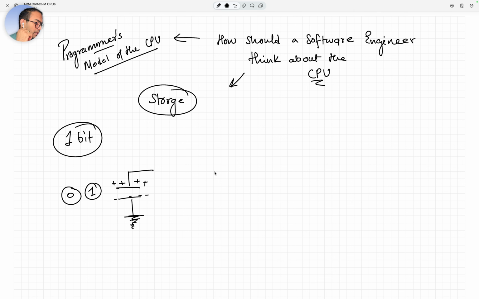Fair enough. The other way to think about it is to think of an inverter. If you give a 1, it becomes a 0 here. And you can think about a feedback circuit wherein if you provide a 1 here, it becomes a 0 here, that 0 comes here and becomes a 1 here.